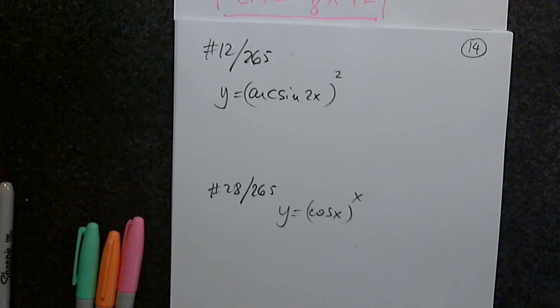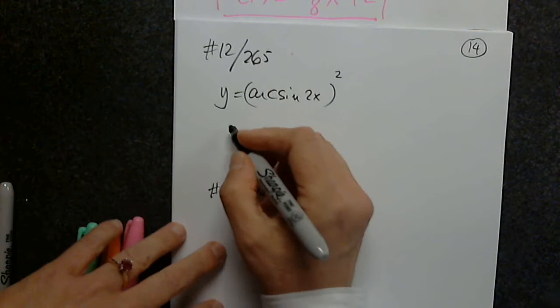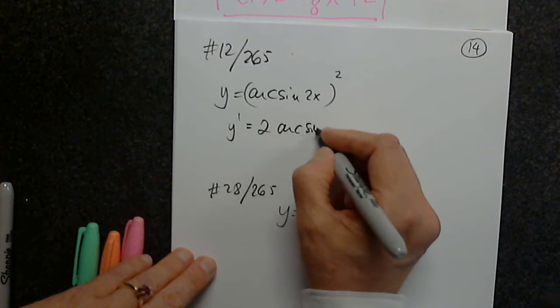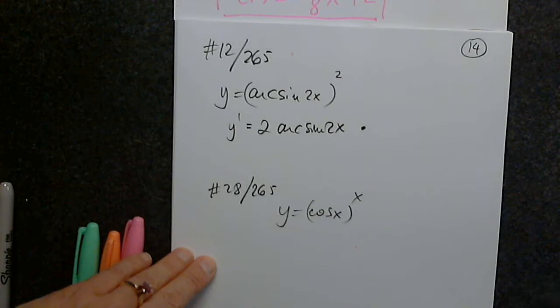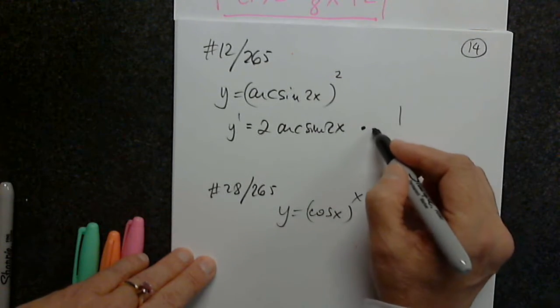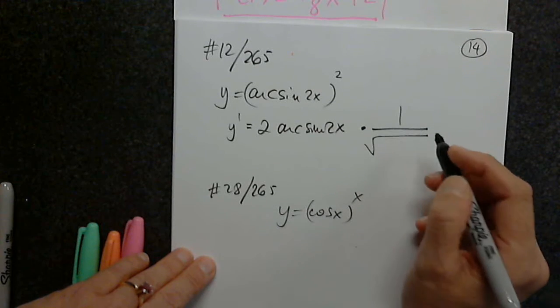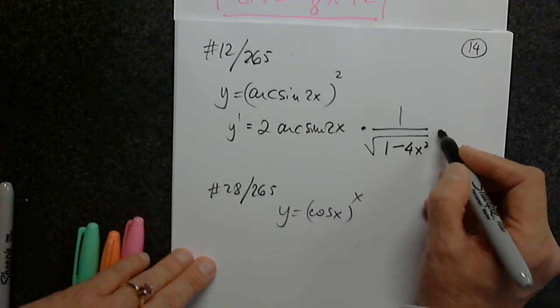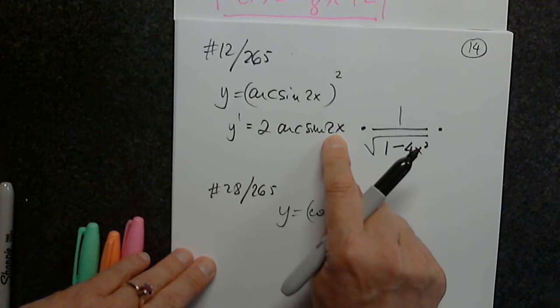Do we have an answer for the first one? Ready? So y prime is 2 arc sine 2x times, yes, 1 over the square root of 1 minus 4x squared, very good, times the inner function prime.